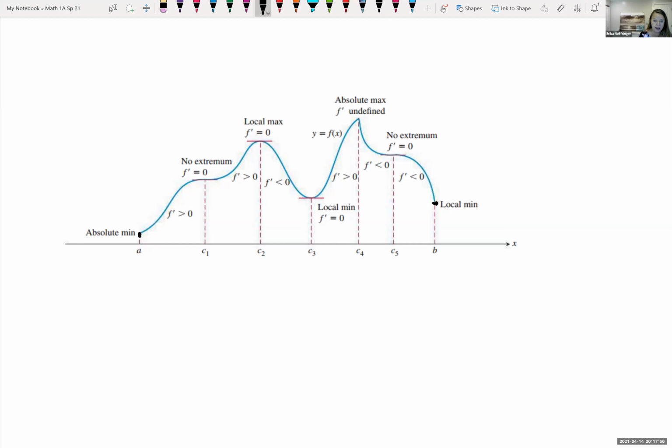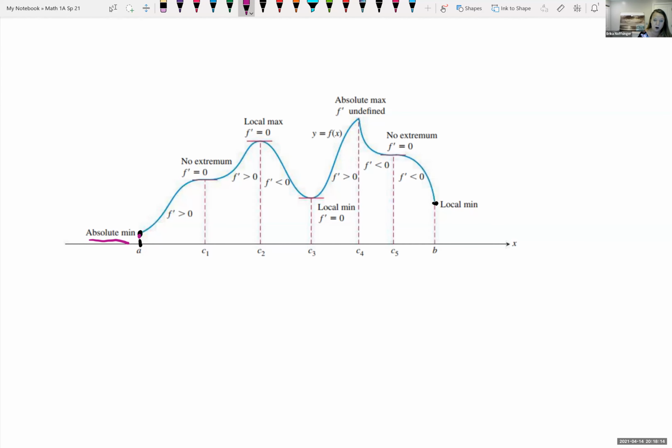This graph that we're looking at is on a closed interval. Notice that when x is a, that's the lowest y value that we're hitting on the graph, and so that's where this would be an absolute min.